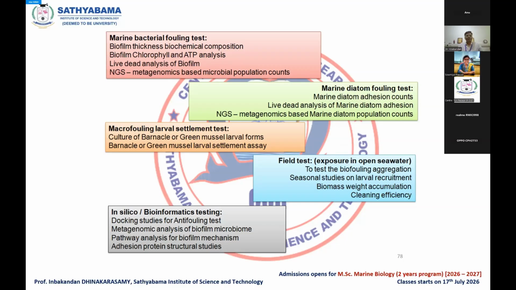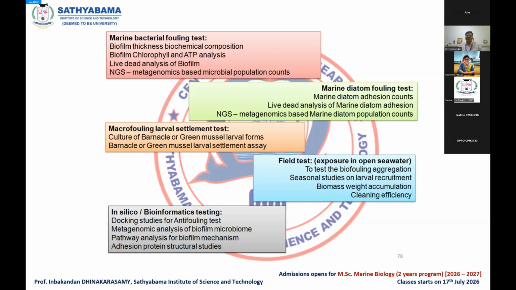Apart from that, we are also helping people to test macrofouling larvae. We are culturing green mussels as well as seaweed. Here we can work on green mussel larval settlement as well as seaweed spore settlement. And we are also helping people to do any kind of field exposure studies in Muntam Harbor.